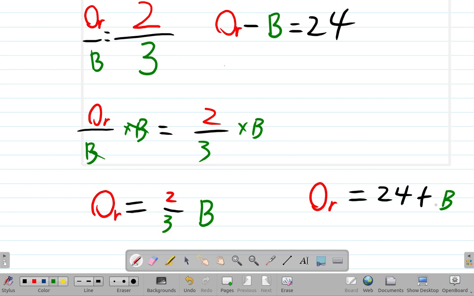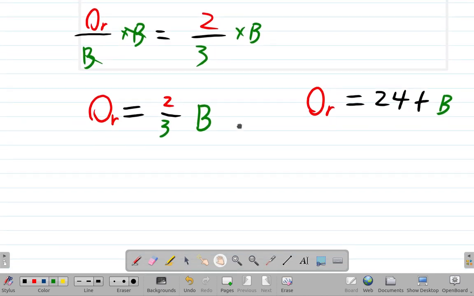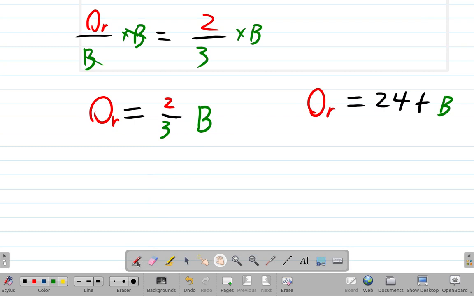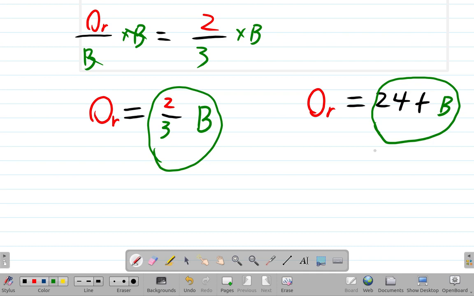You see that? If we add b to both sides up here, we get orange equal to negative b plus b, and it's gone. You add b over this side. So here now, you notice what happened. This and this must be the same thing. They must be equal. You see that?